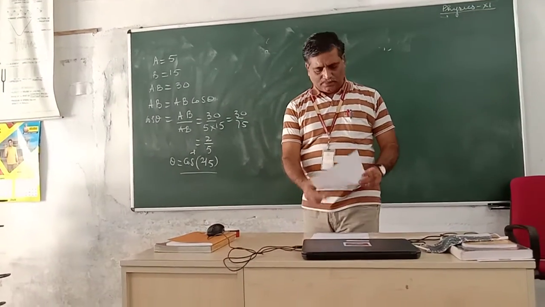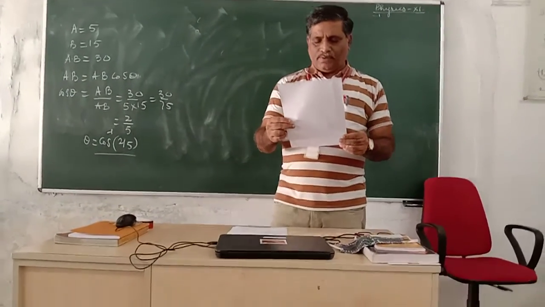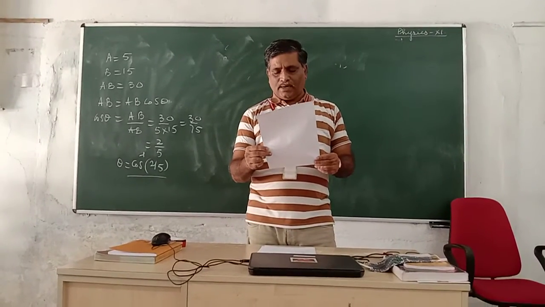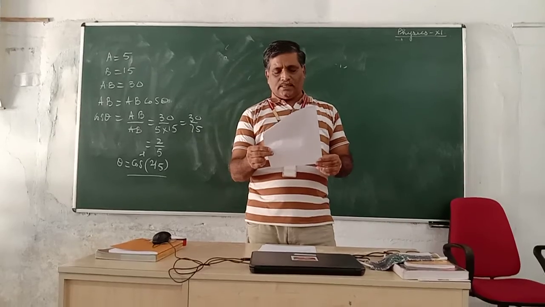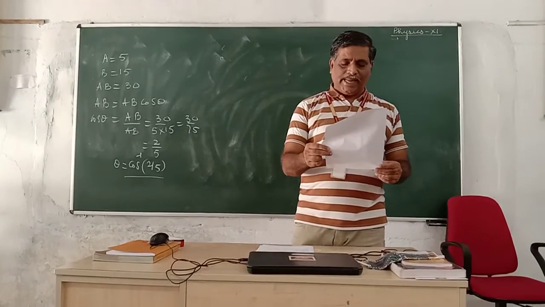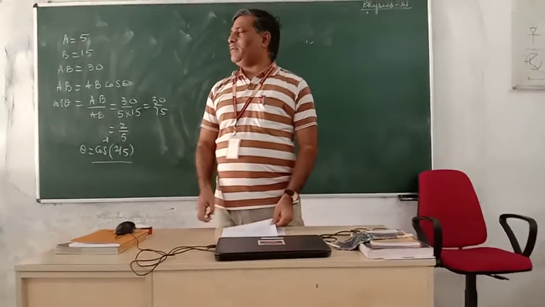Next question, number 14. Two vectors of equal magnitudes are inclined to each other in such a way that the resultant is root 3 times A. Find the angle between them.